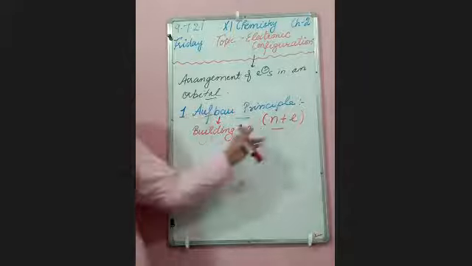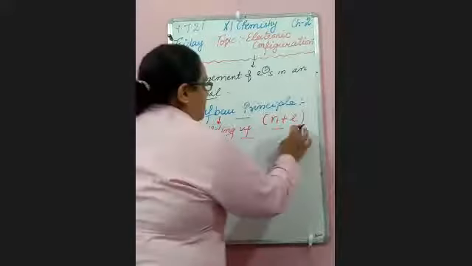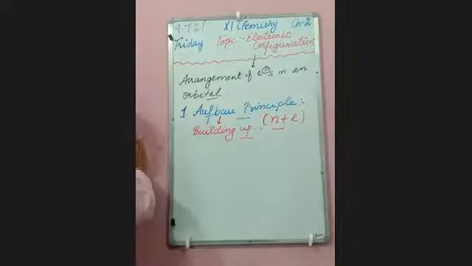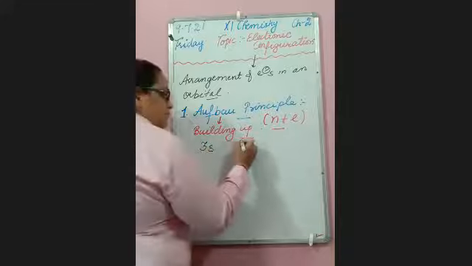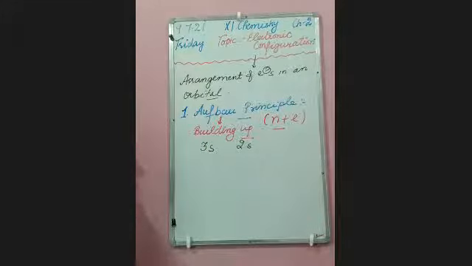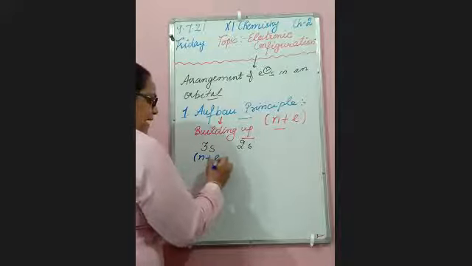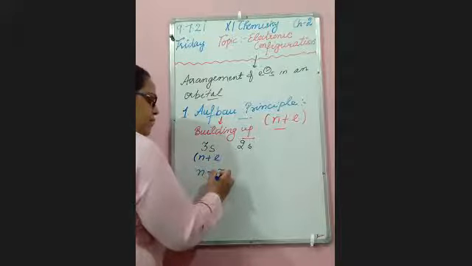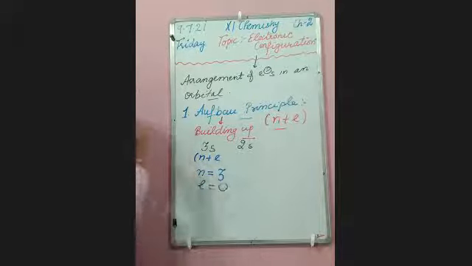And the N plus L rule: how will you calculate the energy with the help of the principal quantum number and angular quantum number? Suppose I am taking 3s and 2s. Which orbital should fill first? First we will calculate their N plus L. For 3s, N is 3 and L is 0.